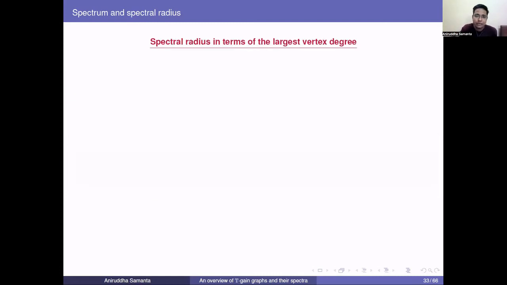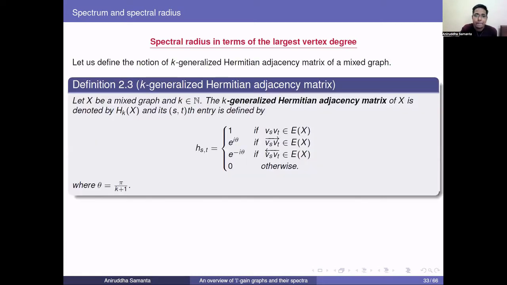Now, another spectral bound in terms of the largest vertex degree. Here, first we define a Hermitian matrix, known as the K-generalized Hermitian adjacency matrix. The K-generalized Hermitian adjacency matrix of a mixed graph X is denoted by H_K(X). How can we define this?